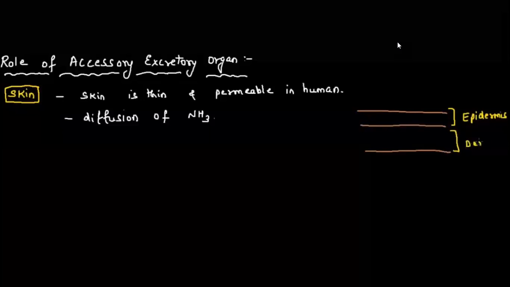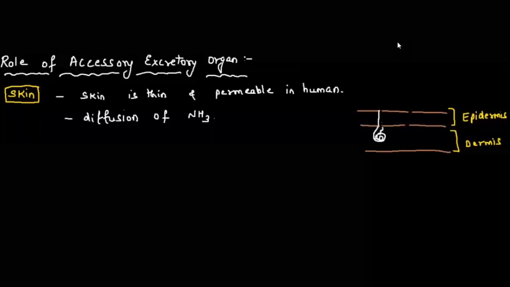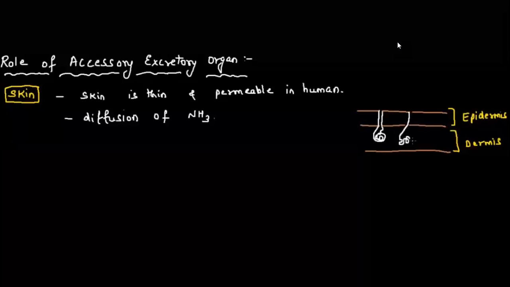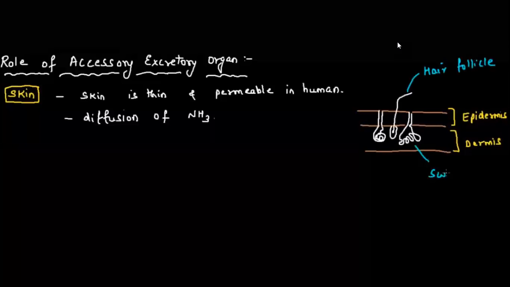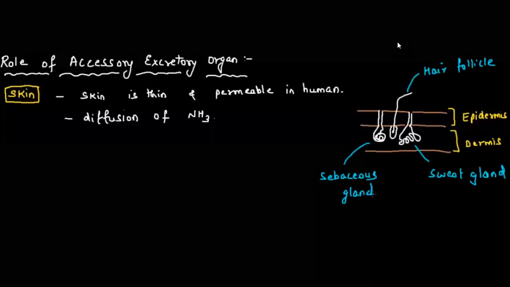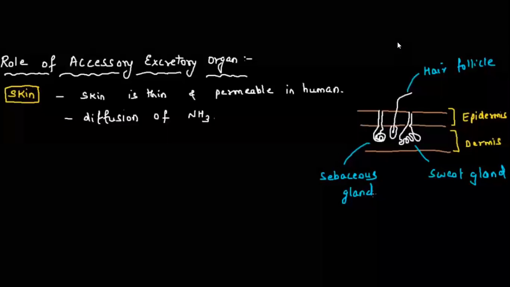Here you can see the epidermis, the dermis, and a few pores. This pore is of the sebaceous gland, then the sweat gland pore, and the hair follicle will have a separate opening. Let's do the labeling. This is the hair follicle. This is the sweat gland that produces sweat, and this is the sebaceous gland. The sebaceous gland is responsible for producing a waxy secretion, a kind of coat.